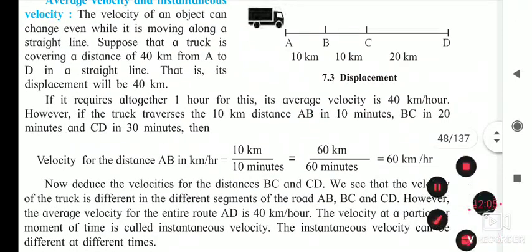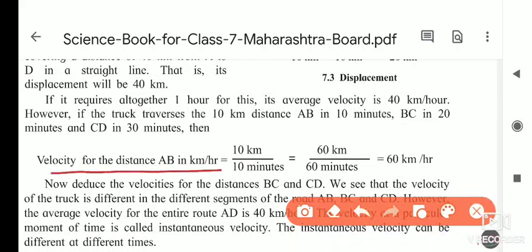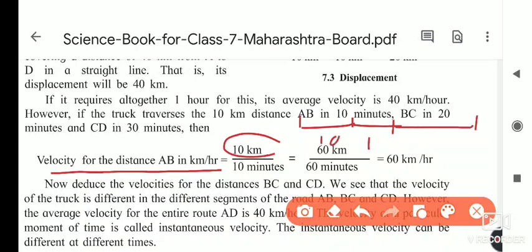See here how we have to take this. Velocity for distance AB in kilometer per hour: how much distance is covered? That is A to B, B to C, and C to D. Here it is 10 km, here it is 10 km, and here it is 20 km. So from place A to B, that 10 km distance is there, and this distance he covered in how many minutes? 10 minutes.